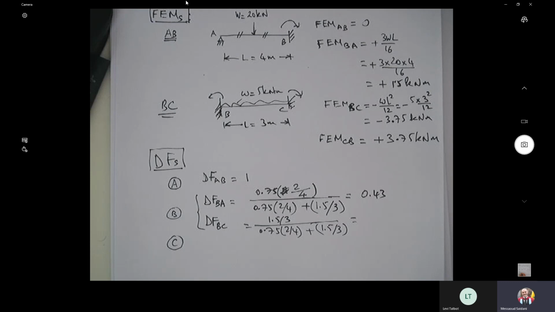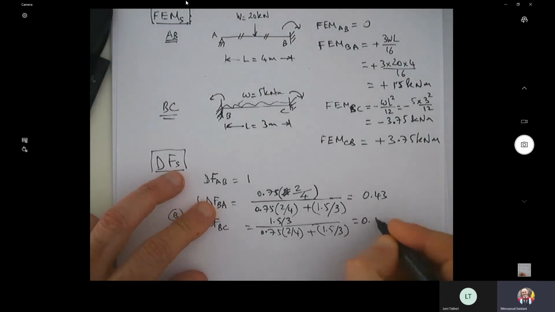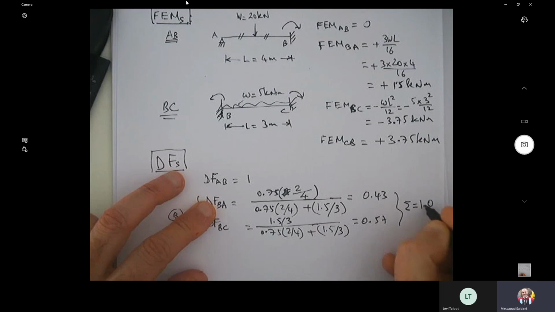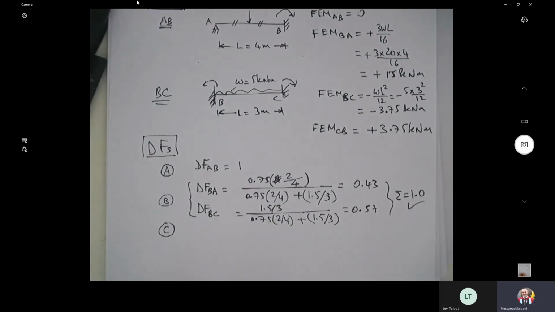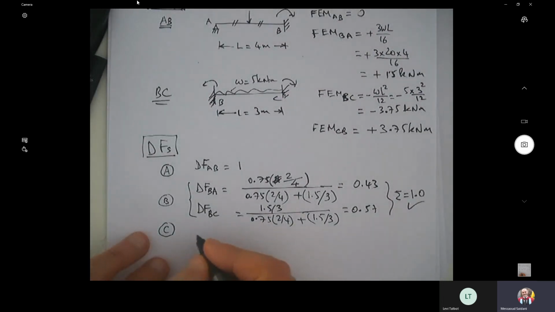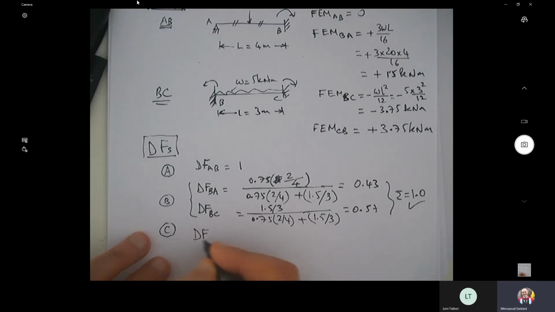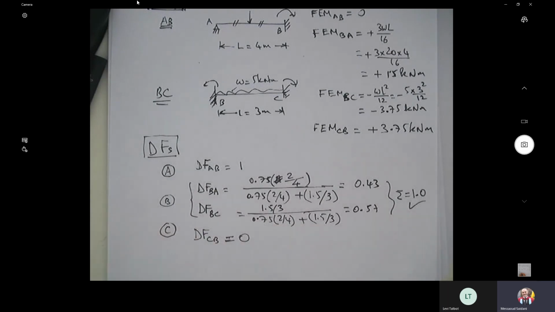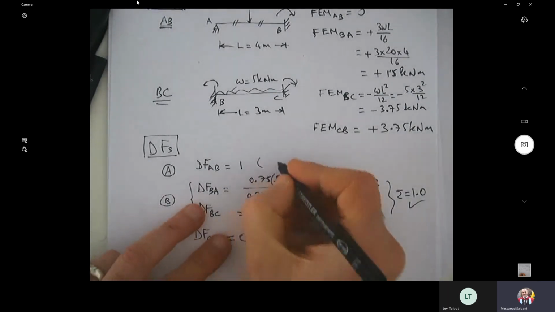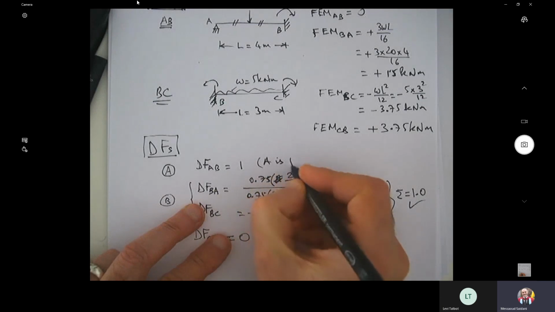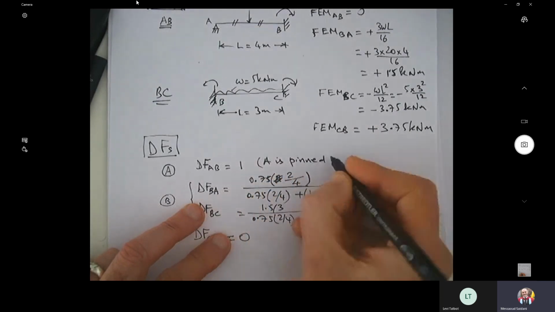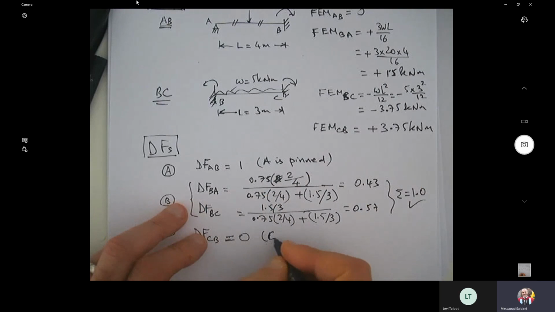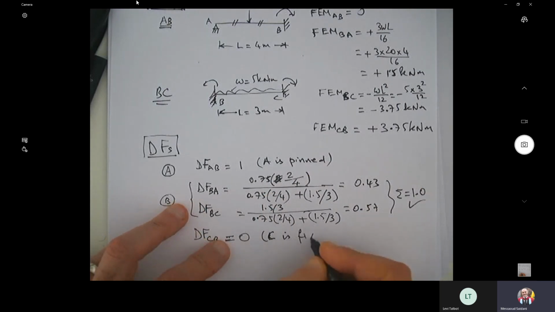Thank you. And you can see that the sum is 1, so that's okay. And finally, for joint C, we have only one member, and that's CB, and it's going to be equal to 0. Here A is pinned, and here C is fixed.